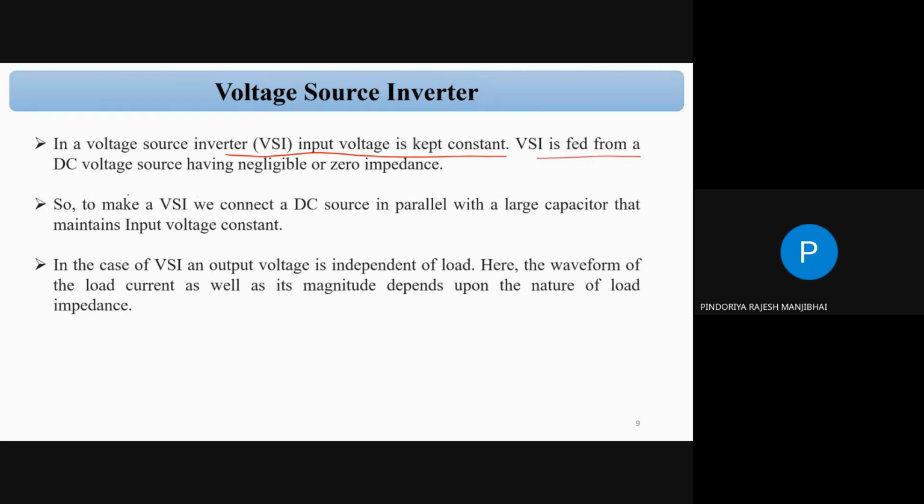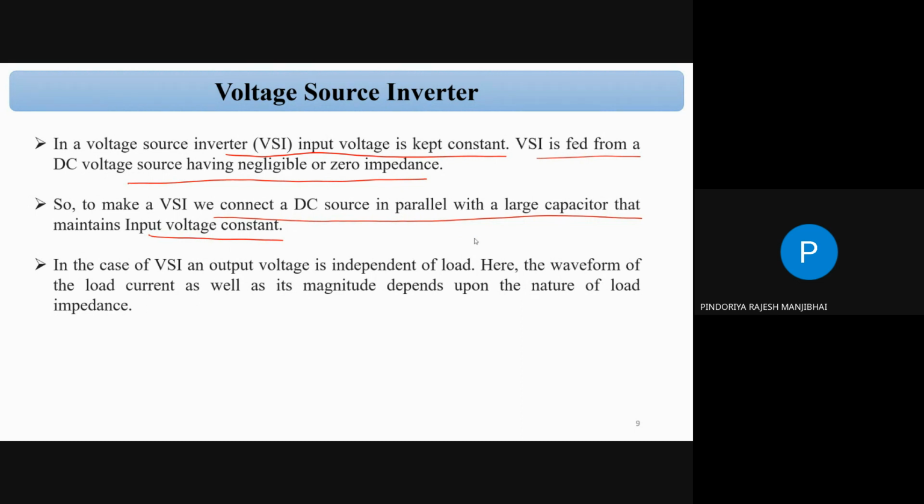VSI is fed from the DC voltage source having negligible, otherwise zero impedance. So we can say the input voltage is constant. To make the VSI, we have to connect the DC source in parallel with a large capacitor that maintains the input voltage constant. Why we have to connect the capacitor? Because we have to make the constant DC link voltage.